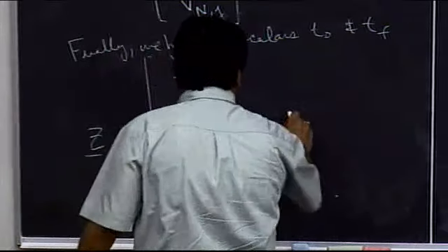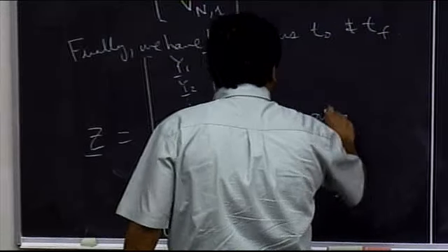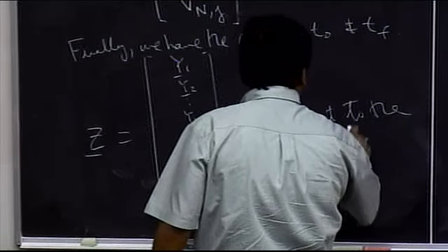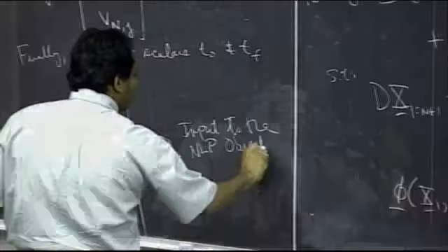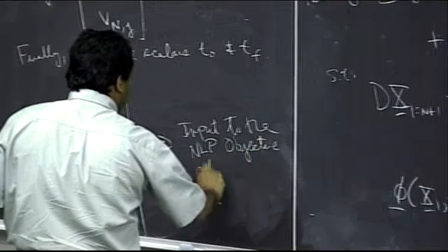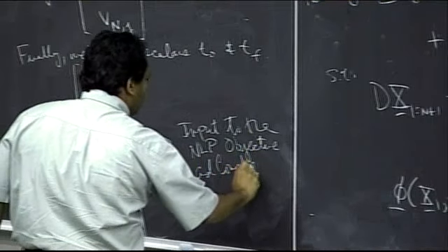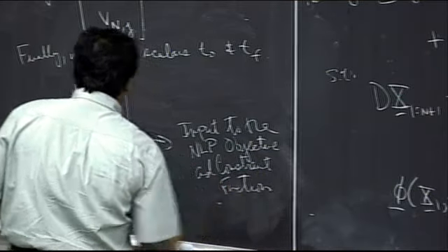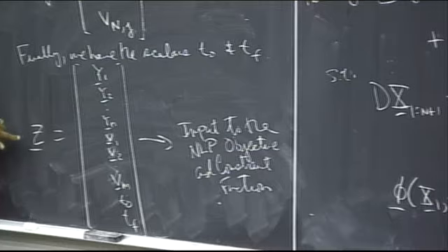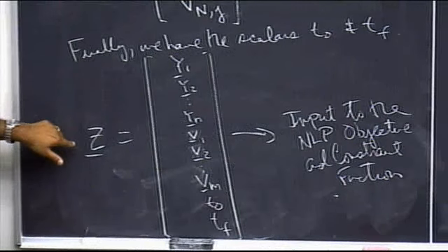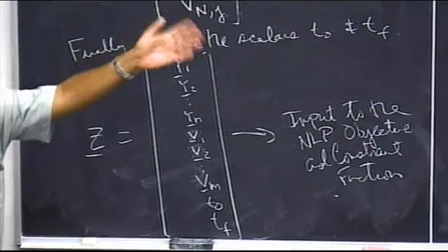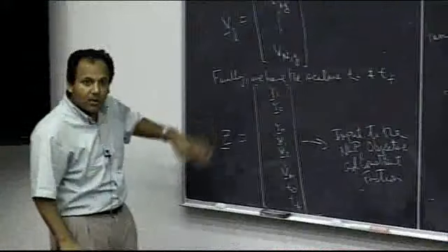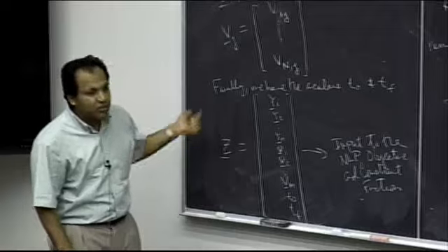This is the input to the NLP objective and constraint function. In other words, what's going into the NLP objective and constraint function is this vector z, not these matrices. It doesn't know anything about matrices. It does everything with vectors. So this is what I have to start with.